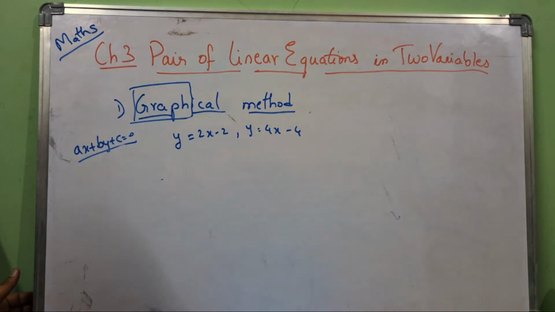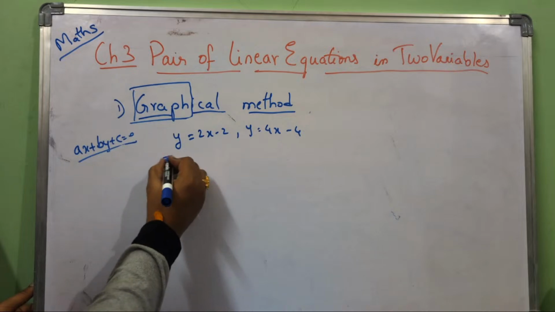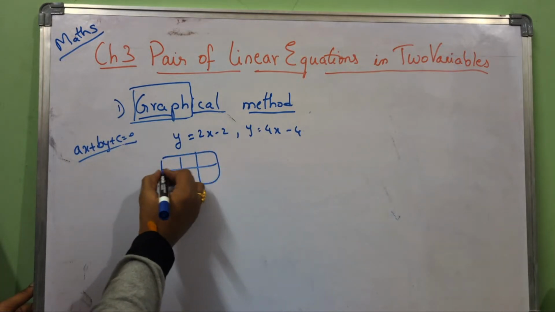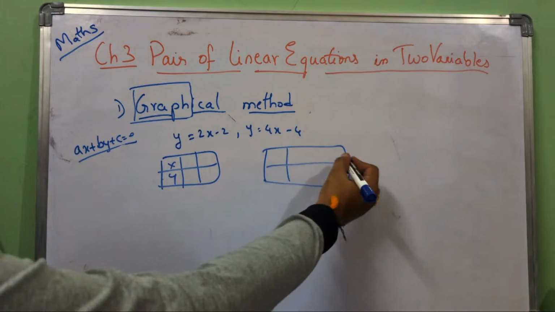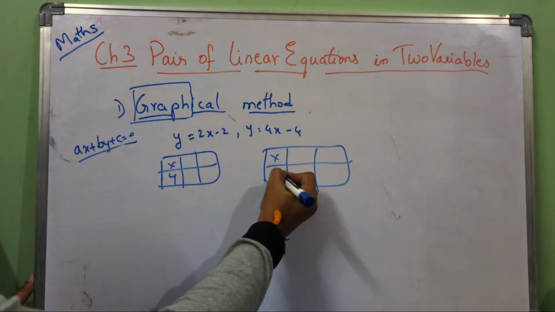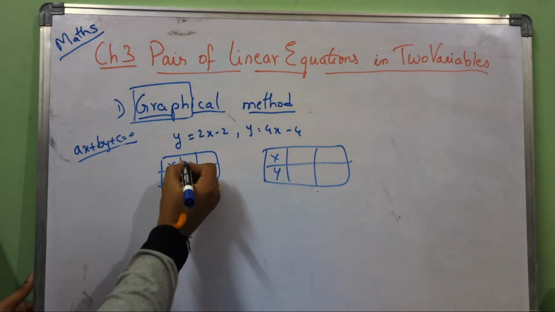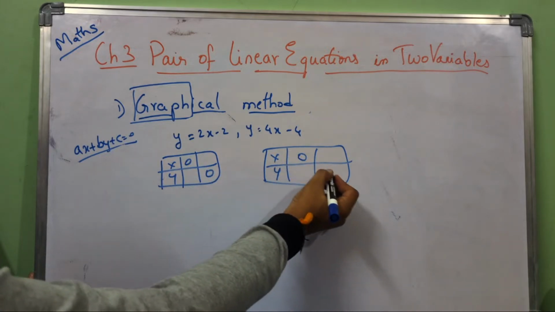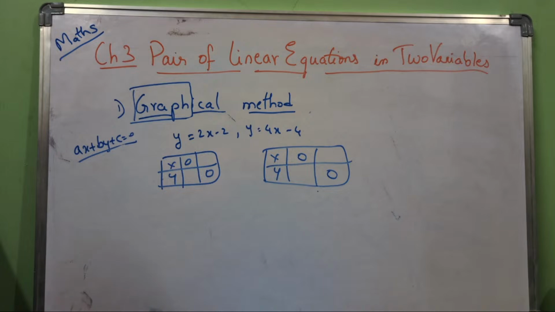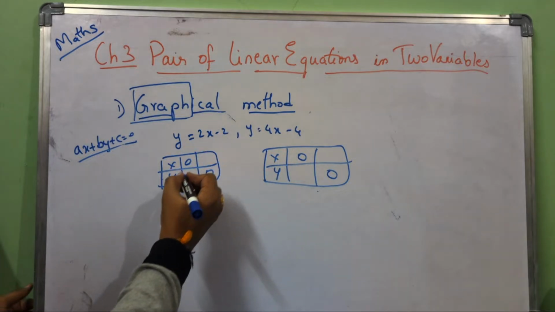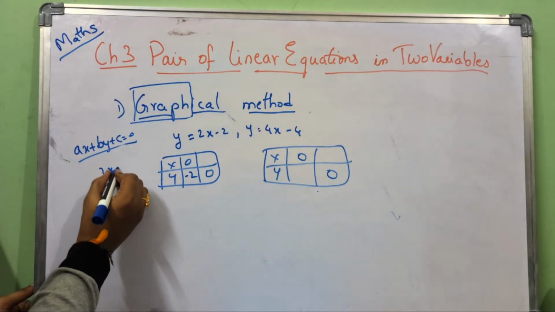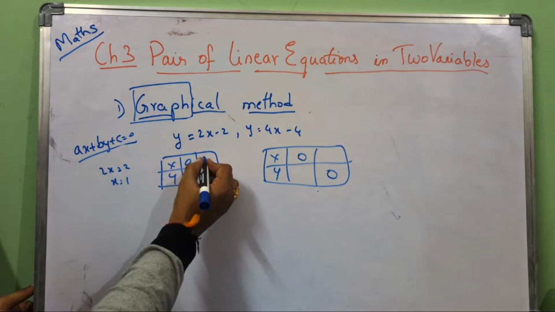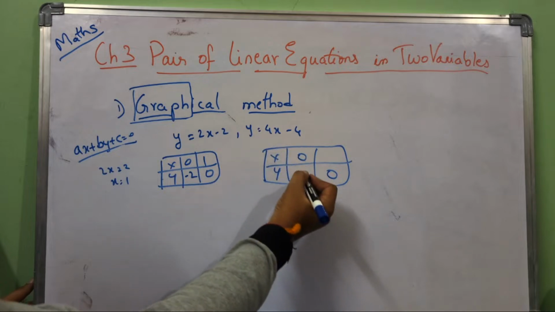So let's plot the graph first. As I mentioned, I will take the table again with two values of x and y, such that I can join those 2 points and get the solution. A simple technique I will use here: x 0, y 0 and get the values. If x is 0, 2 into 0 minus 2, y becomes minus 2. If y is 0, 2x equal to 2, then x will become 1. Same way, if x is 0, y becomes minus 4.